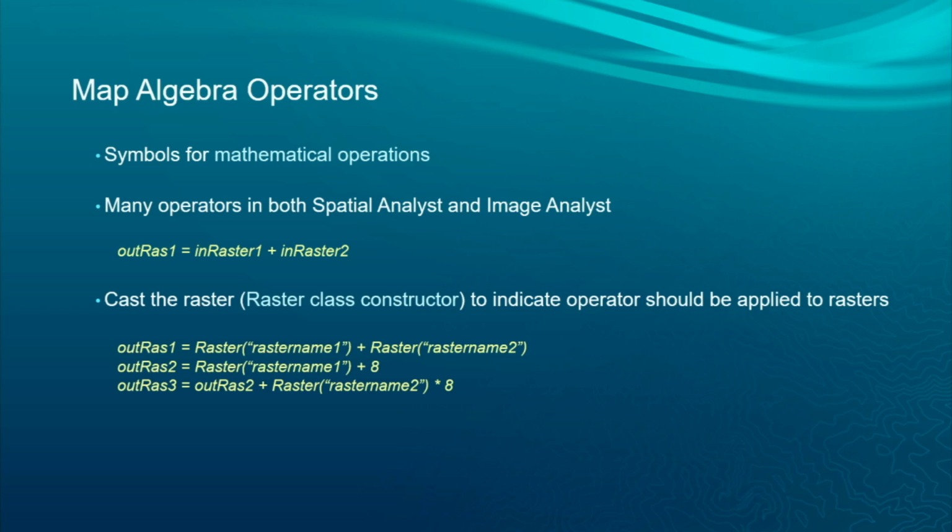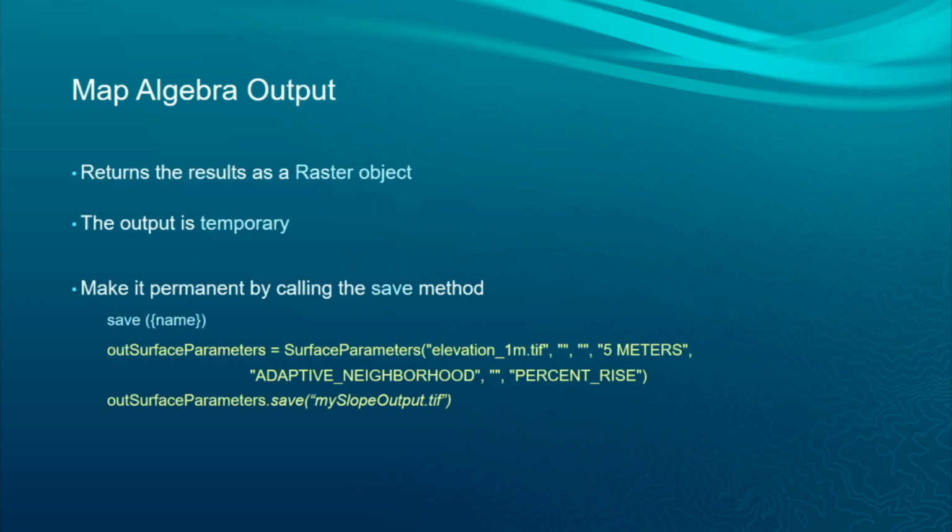And that is happening because of how we imported the module and we have overloaded the operators. So if it recognizes that this is a raster, you are now adding two rasters instead of adding numbers. You have to actually cast your layer name as a raster object if you want to do this kind of mathematical operation. So be mindful of that.